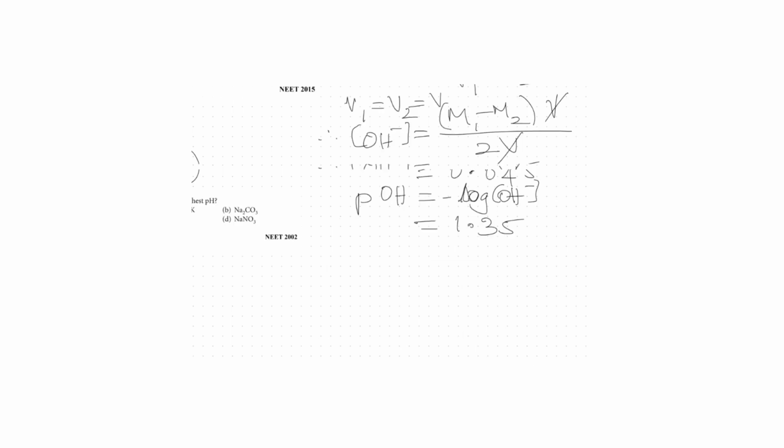You know pH plus pOH is equal to 14. Therefore, from pOH you can calculate pH. 14 minus pOH, that is 14 minus 1.35. You get the answer as 12.65.